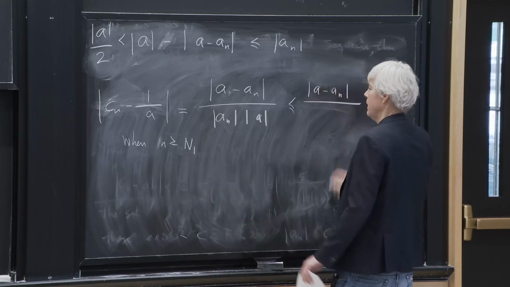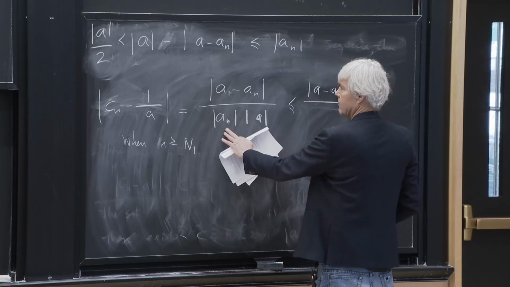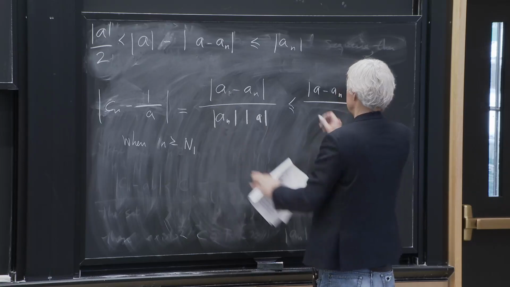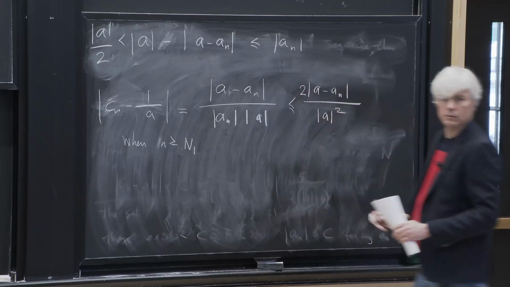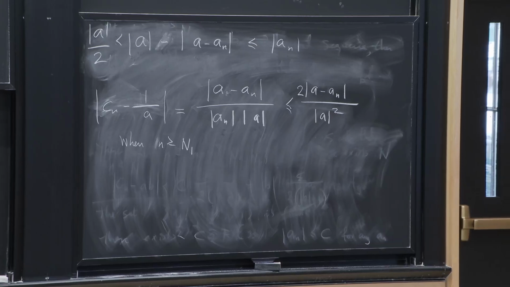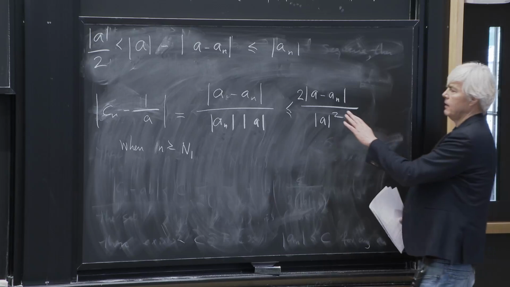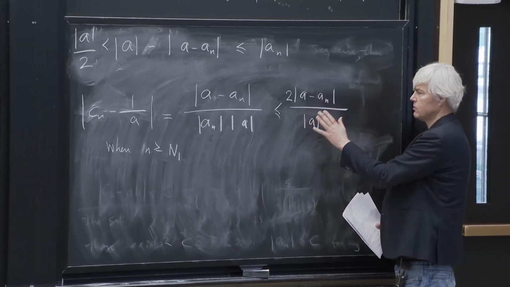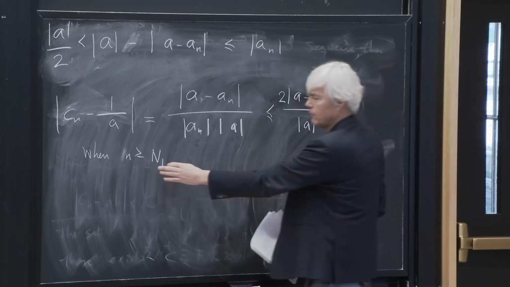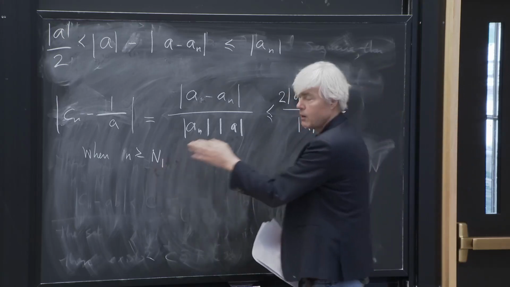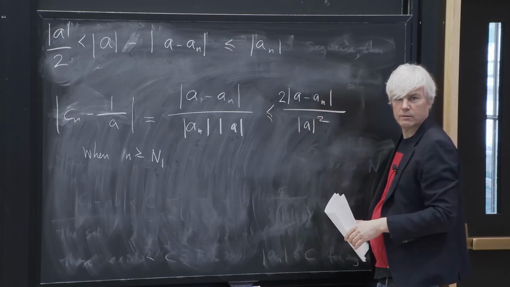And this is just the norm of A, and this gives another norm of A over 2, so the 2 jumps up. Now you see that this A is just a constant. So I may have to go even further out than N1, but if I go even further out, then I can make this smaller than the given epsilon.